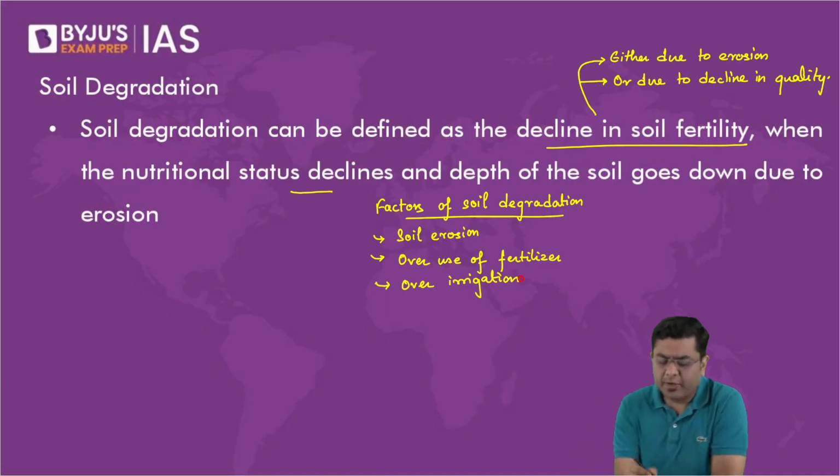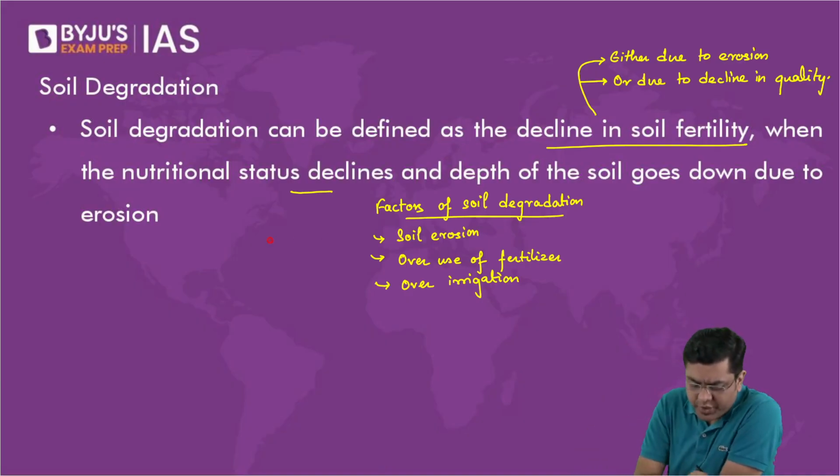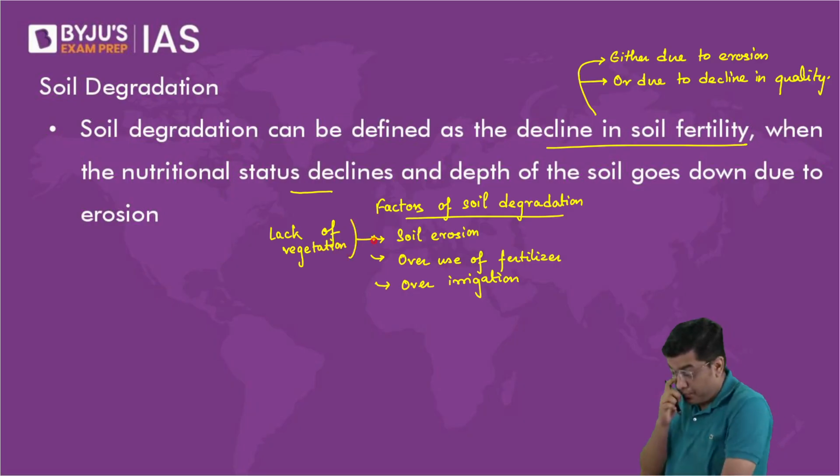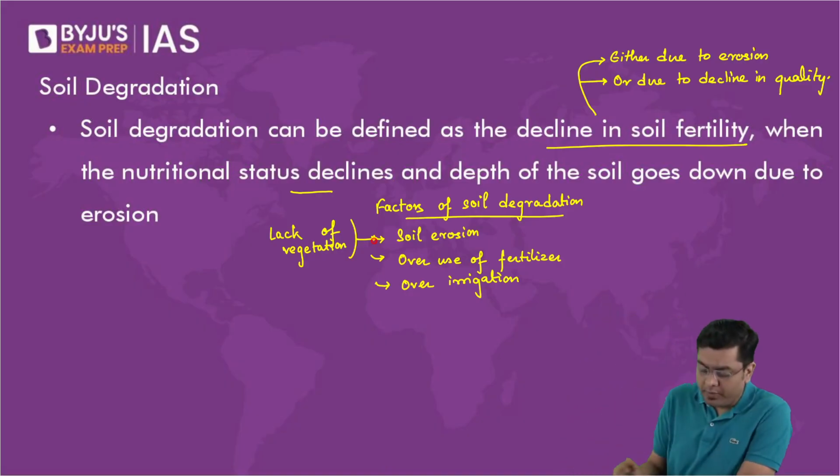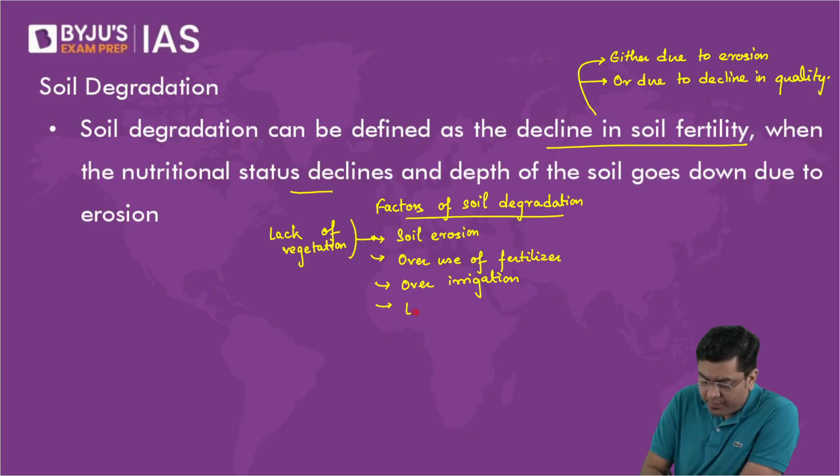So there you can talk about lack of vegetation leading to soil erosion. So overgrazing, everything will be covered under this. Lack of vegetation. Then polluted water percolation in soil, good. Pollution. Land and soil pollution.